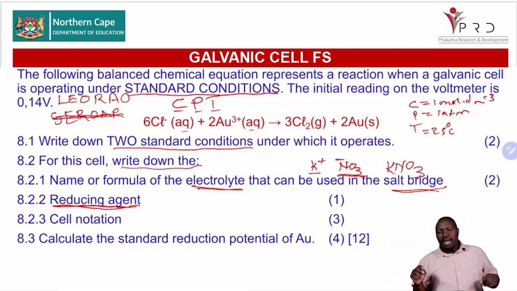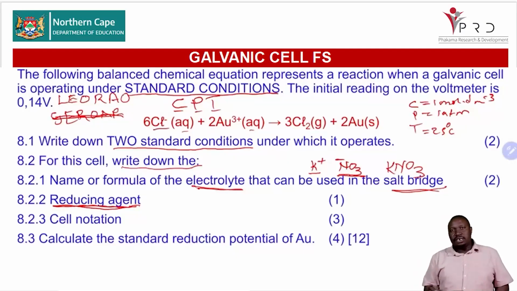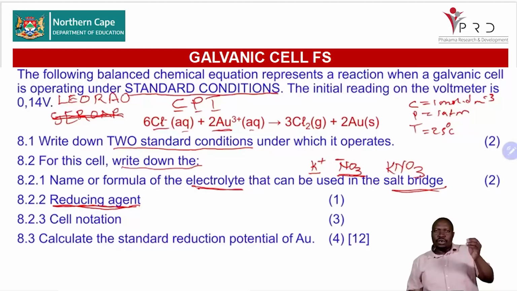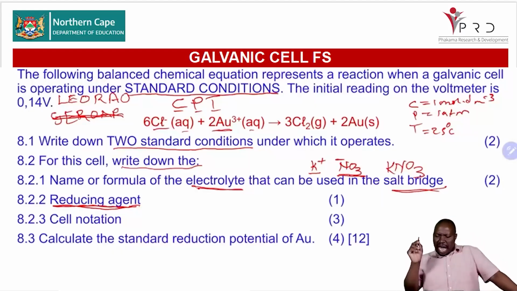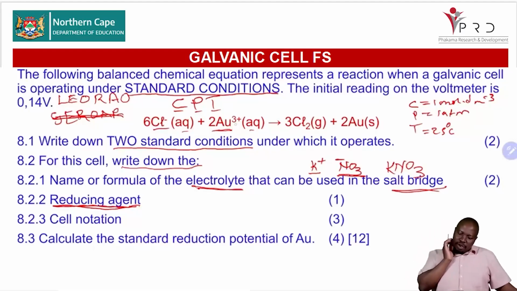And I want to give you a tip. You see, we have chloride, which is minus, and we have gold here with an oxidation number of 3+, Au 3+. This Au 3+ is a stronger oxidizing agent, because it's more likely to gain electrons.